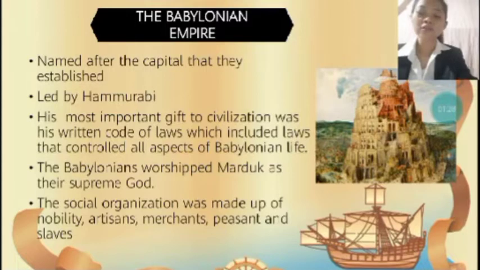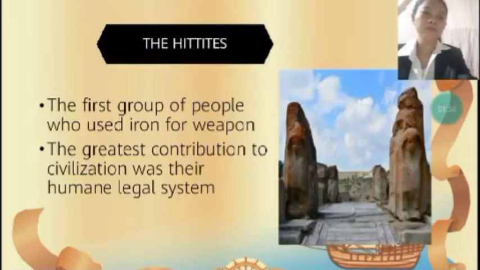Two centuries after Hammurabi's reign, the Babylonian Empire fell into the hands of the Hittites. The Hittites were the first group of people who used iron for weapons. Their greatest contribution to civilization was their humane legal system.